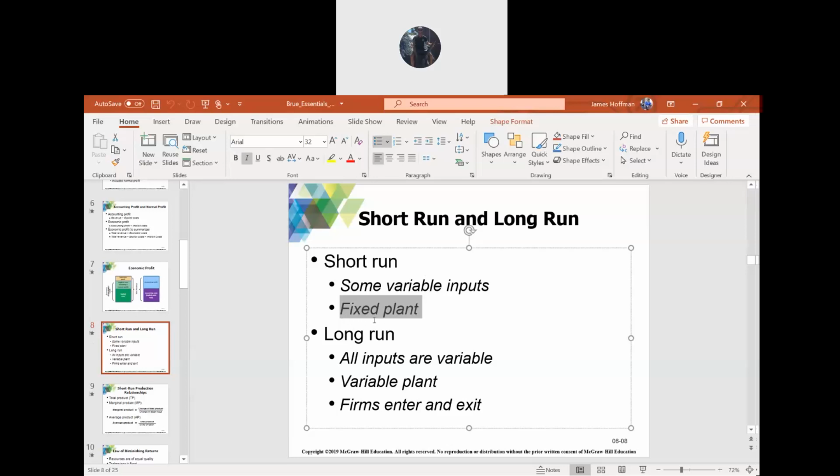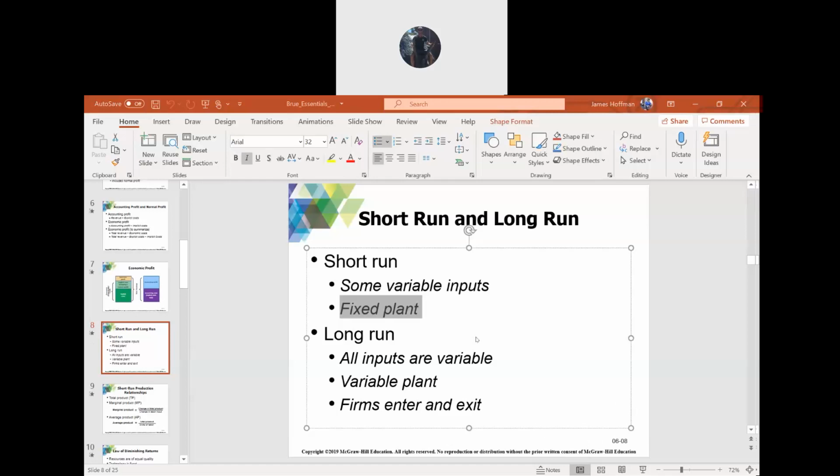But all of the plant things are fixed in the short run. Okay, so that's really the big distinction.